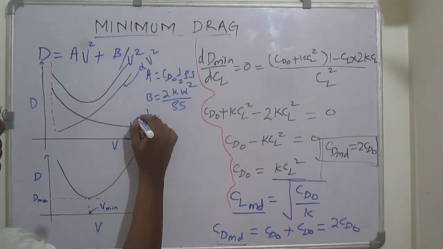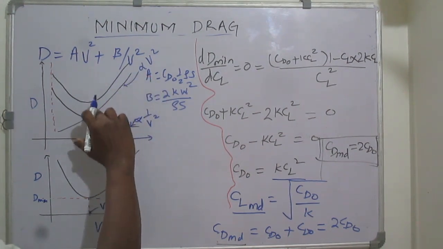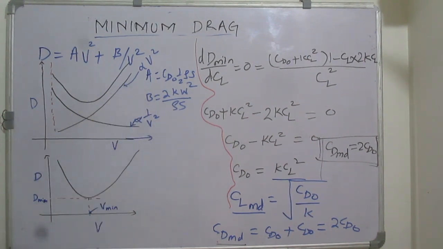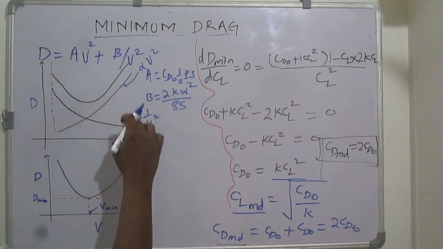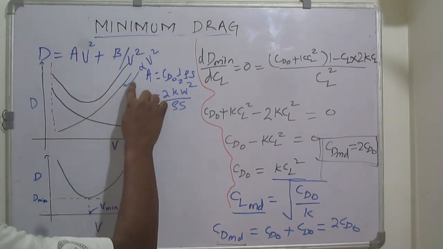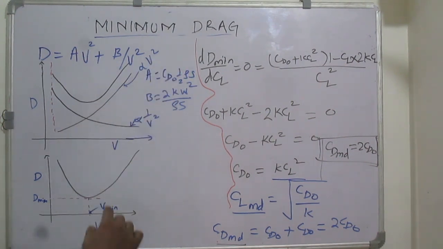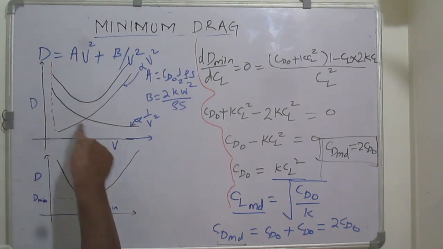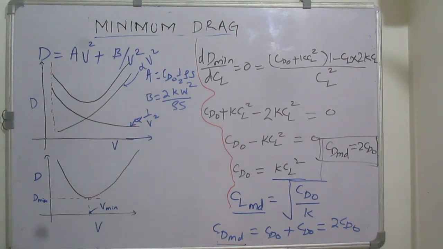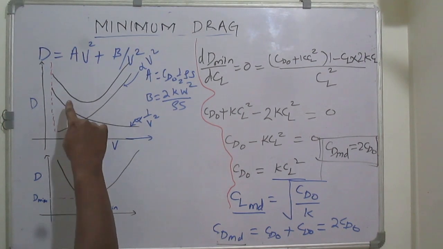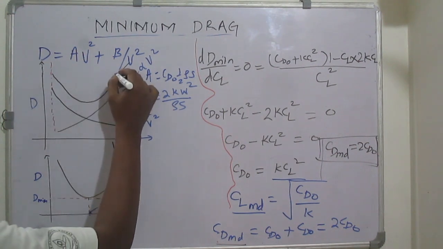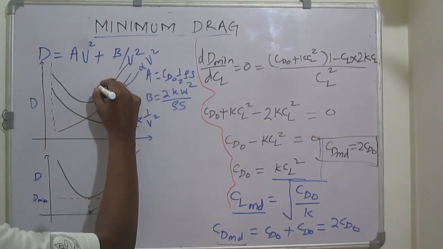The first is the zero lift drag, whereas the second is the induced drag. The zero lift drag increases with the square of the velocity, whereas the induced drag is inversely proportional to the square of the velocity. So from the drag equation we see this curve represents the total drag.